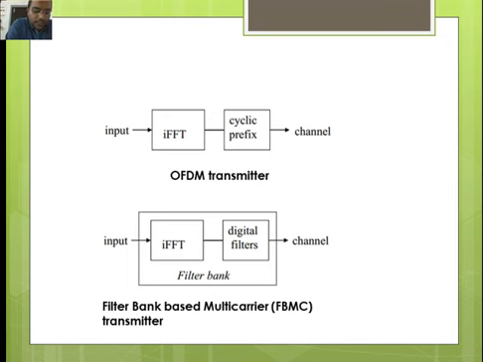FBMC has its roots in the pioneering work of Chang and Saltzberg. The references are given at the end. They introduced multi-carrier techniques almost 2 decades before the introduction and application of OFDM. A general overview of an FBMC system is shown in the figure.